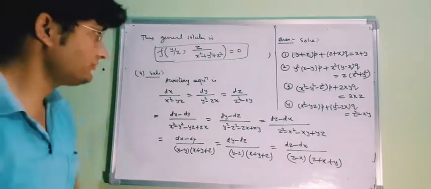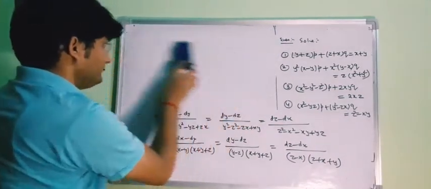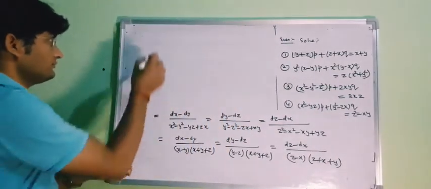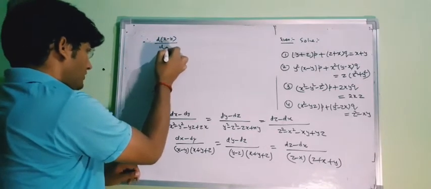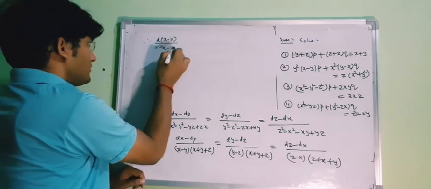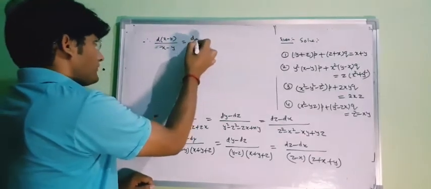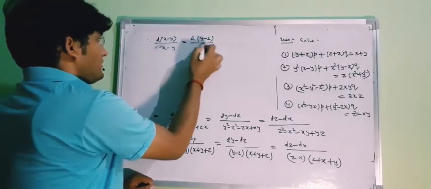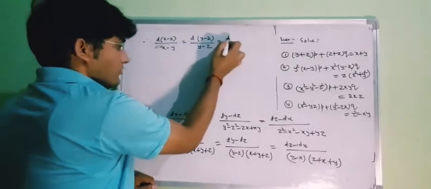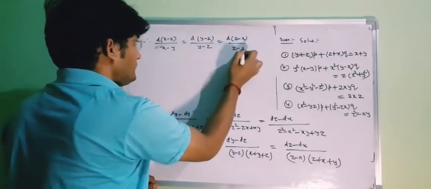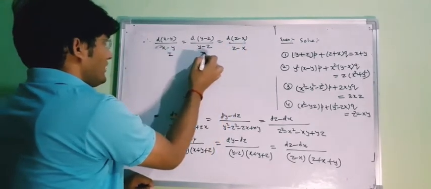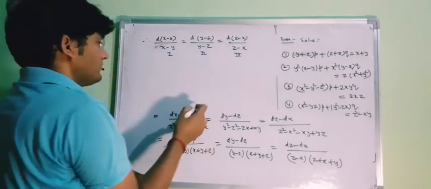So we have, therefore, d of x minus y divided by x minus y equal to d of y minus z upon y minus z equal to d of z minus x upon z minus x. See, this is your first and this is your second term and that is your third term.